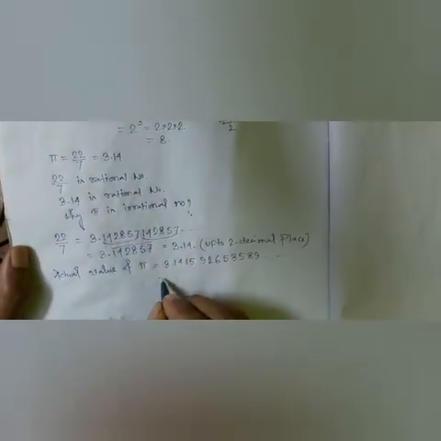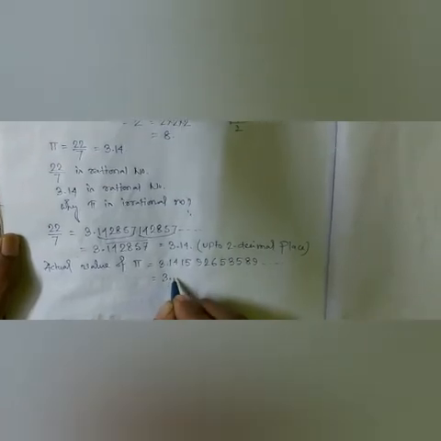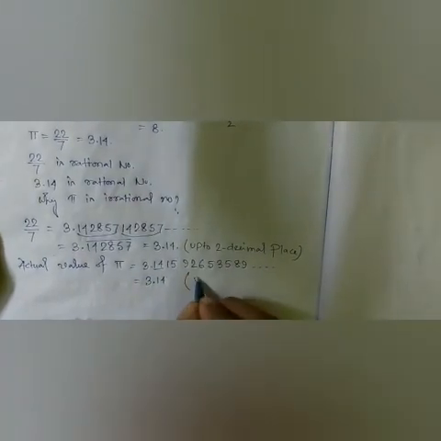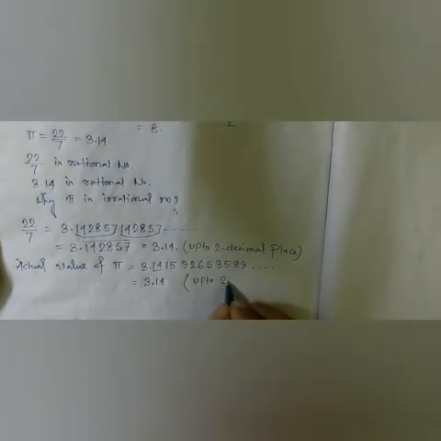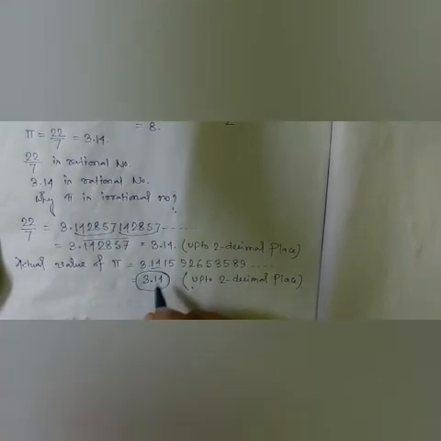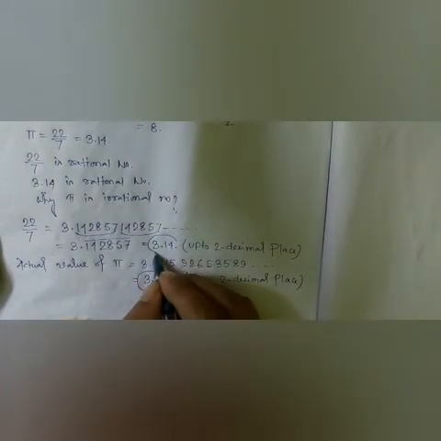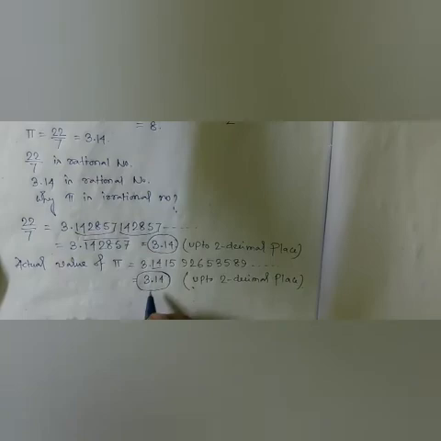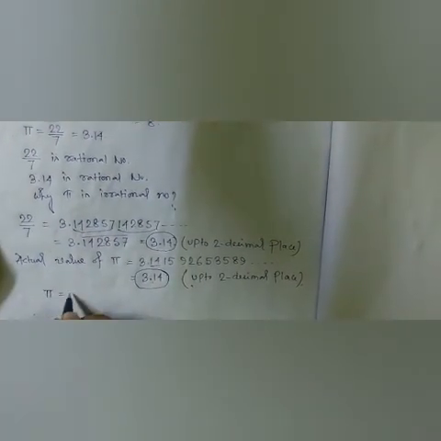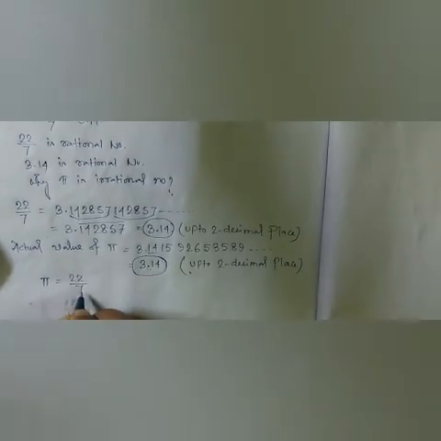When we approximate, this value is also 3.14 up to 2 decimal places. As these two values, 3.14 and 22 by 7, are the same, that's why we say the value of pi is 22 by 7.